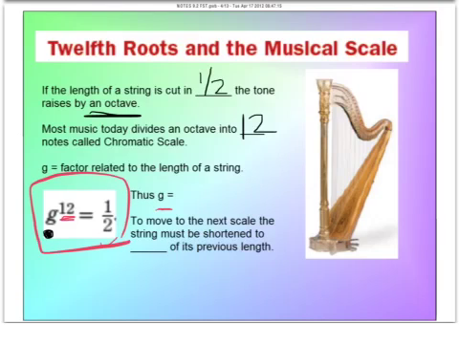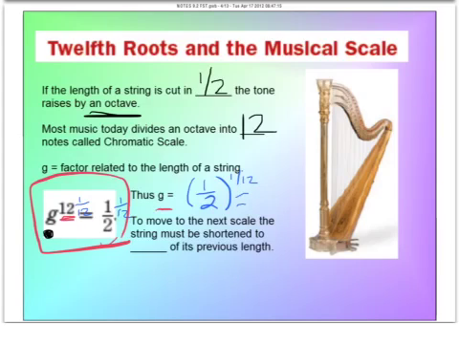Well, to solve this for G, all you have to do is get rid of the exponent of 12 by doing the 1/12th power. So that's going to tell us that G, which is, again, the factor related to the length of the string, is 1/2 to the 1/12th power.